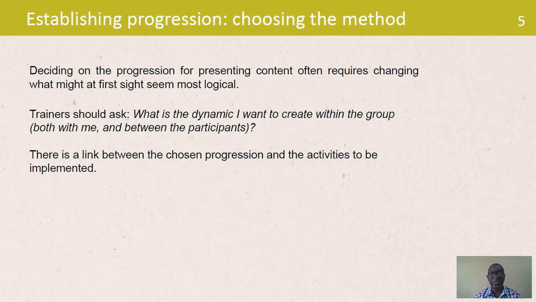Should I propose activities based on subgroup work, presentations, situation exercises? There's a link between the chosen progression and the activities to be implemented. For this, the trainer must take into account the type of objective, timing of activity, activities that precede or follow.